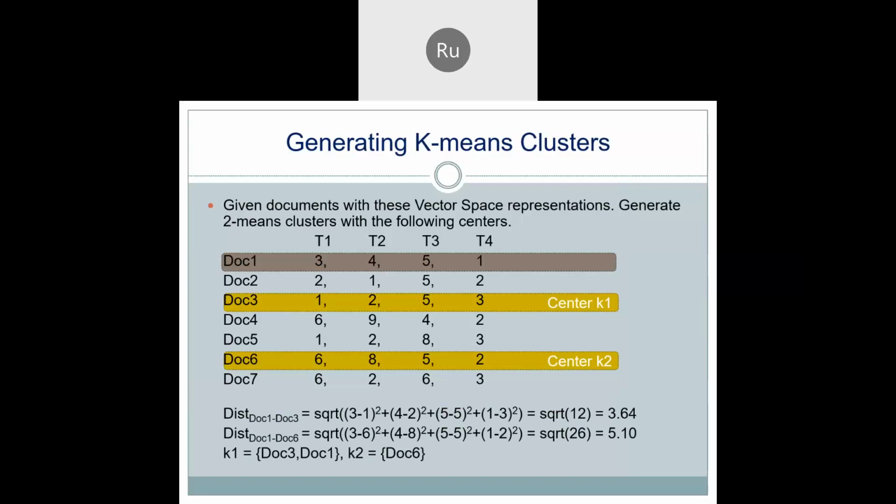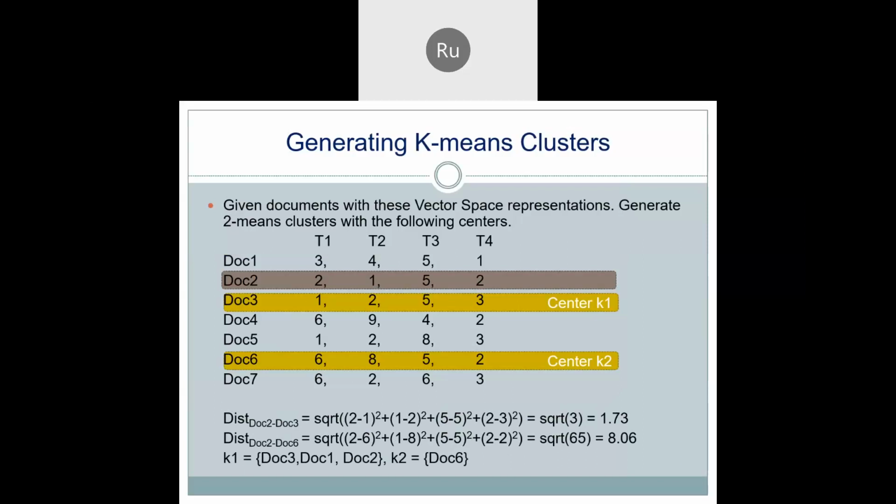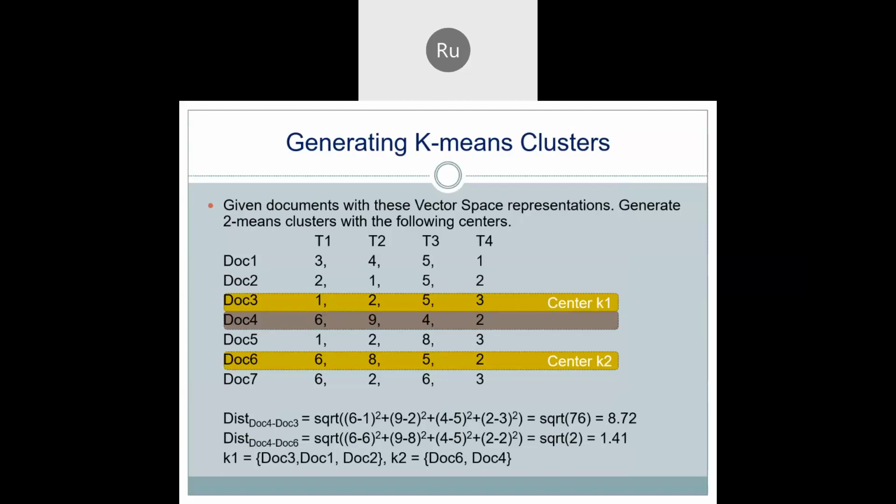We will repeat this for document 2. Document 2 is also nearer to document 3, so it will be assigned to the same cluster. Notice that I skip from document 2 to document 4.